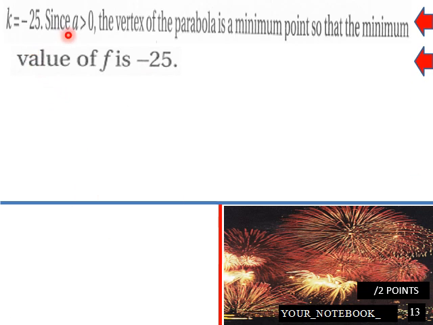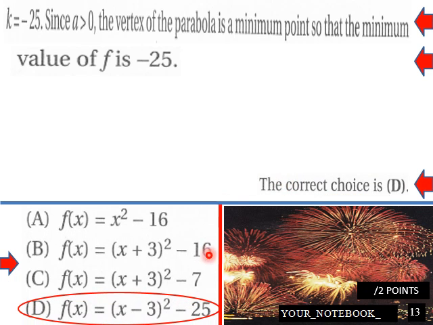K is -25. Since a is greater than 0, the vertex of the parabola is a minimum point, so the minimum value of f is -25. The correct choice would be D right here. This represents the quadratic for that.